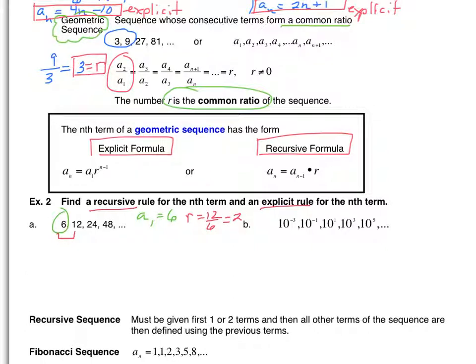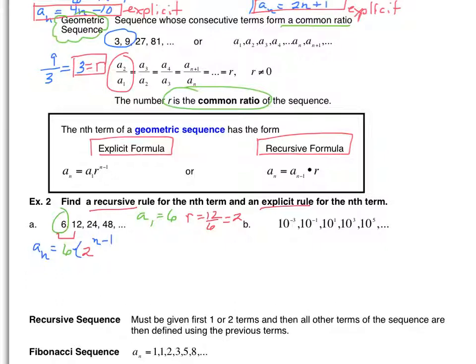I'm going to start with explicit. So I have a sub n is equal to 6, because that's my a sub 1, times my r, which in this case is 2, and that's raised to the n minus 1.